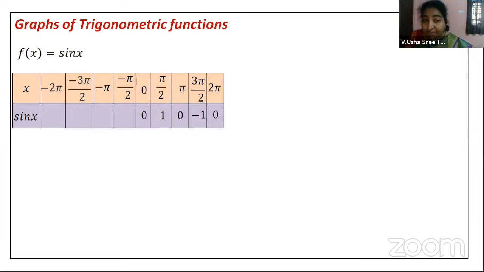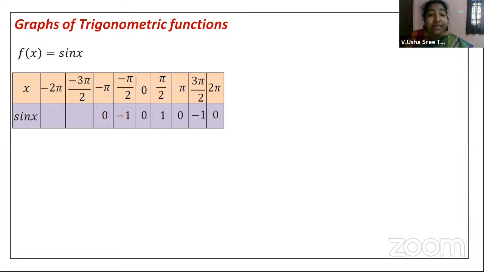All these values we have seen, children, right? And sine of minus 90 is minus sine 90, isn't it? So sine 90 is 1, so your value will be minus 1. Sine of minus pi is minus sine pi, but sine pi is 0. So minus 0 is again 0, right? The value will be 0.